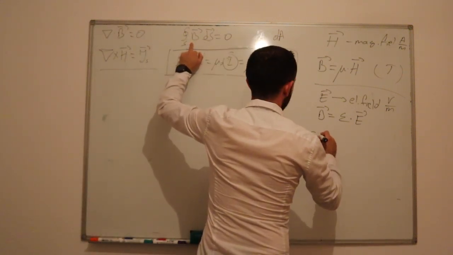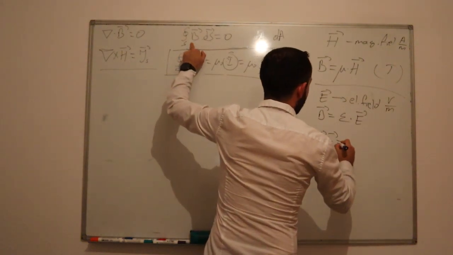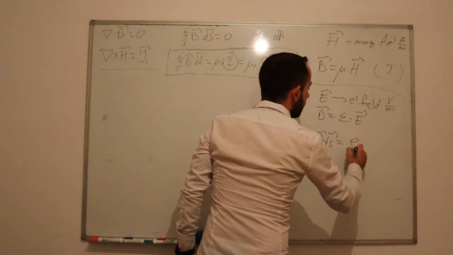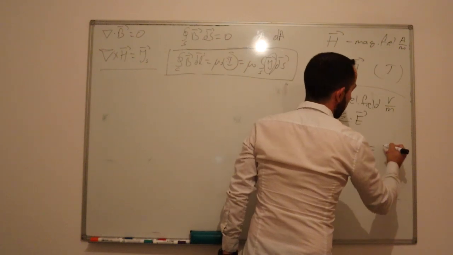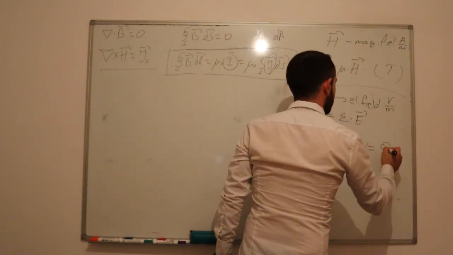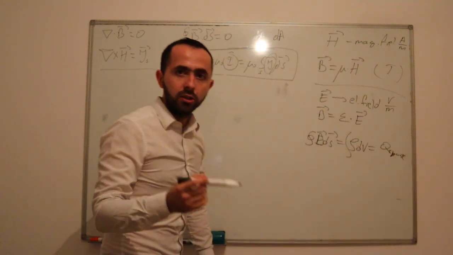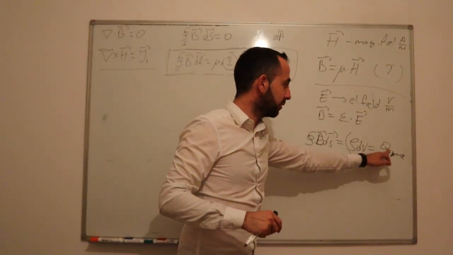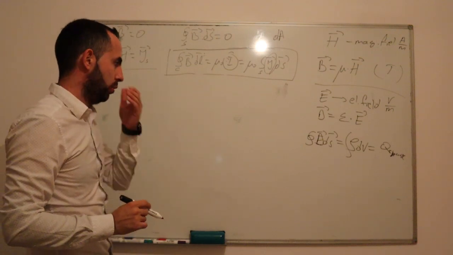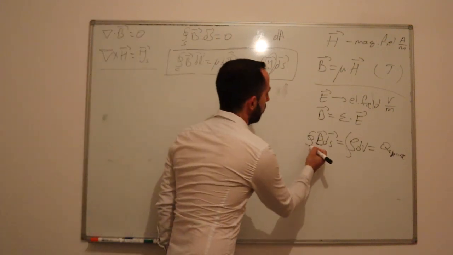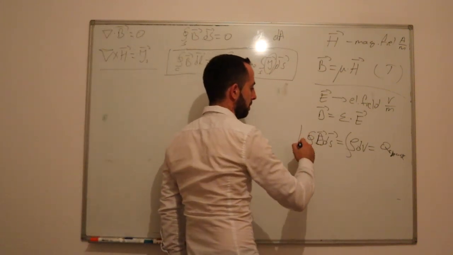It was the integral of E ds, or we will use D ds, that equals the volume charge integral of rho dv, or the charge Q. Someone uses notation small q or big Q. We will use a big Q. Over a closed surface S, D ds equals this.